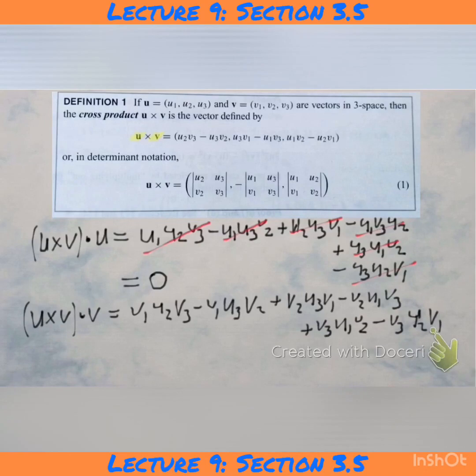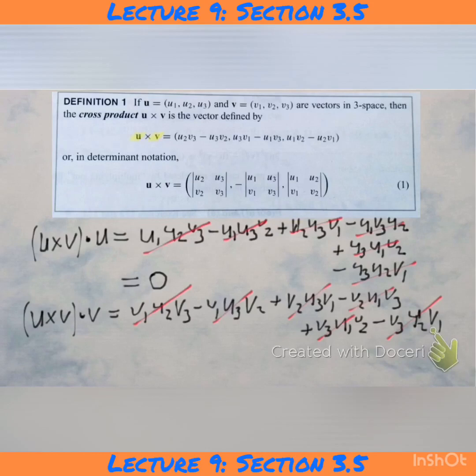Again, the same story: this term cancels with that term there. That term cancels with that term there. And this term here cancels with that term there.